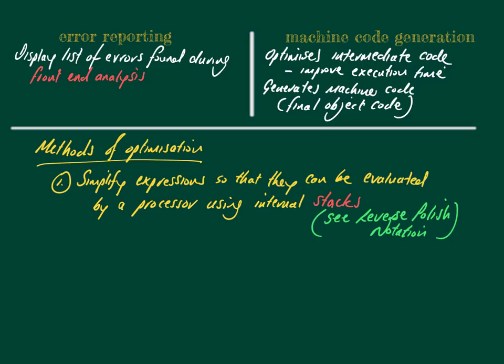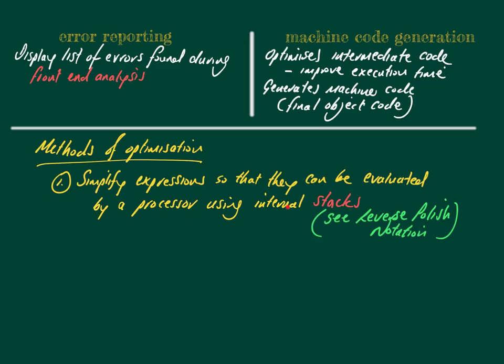Now there's different methods of optimization, and you can fall down a rabbit hole of optimization techniques for compilers. But the main one we care about is the idea that we can simplify expressions so that they can be more efficiently evaluated by a processor. And I don't know if you remember that processors have registers.